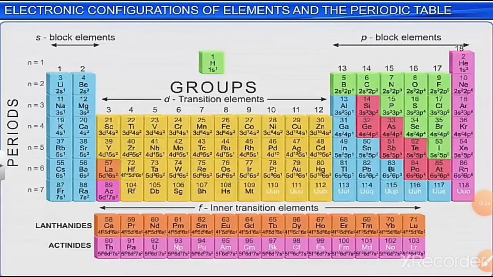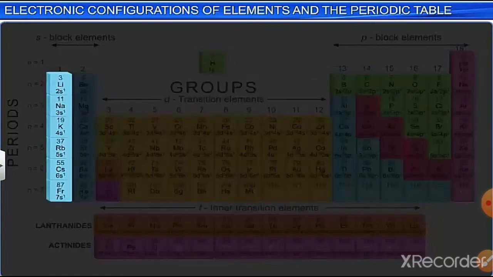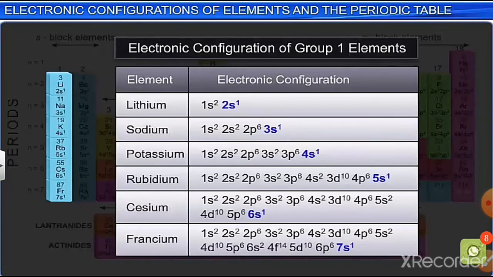Now we shall see the different groups, or different columns, in the modern periodic table. There are 18 columns in the modern periodic table. Let's discuss, for example, the first group, called the alkali metals. In this you have lithium, sodium, potassium, rubidium, cesium and francium.